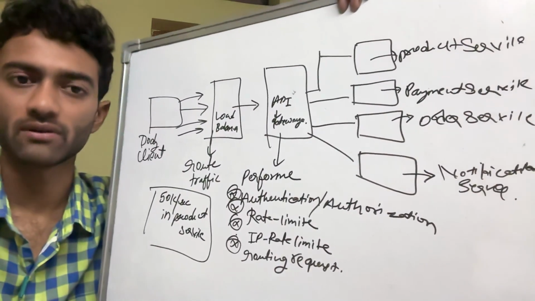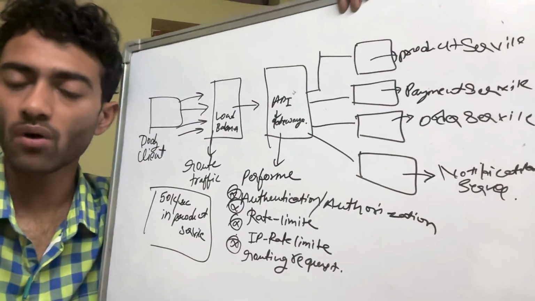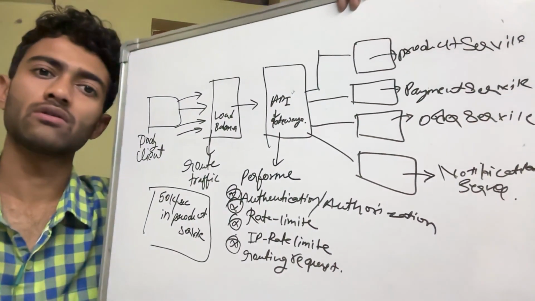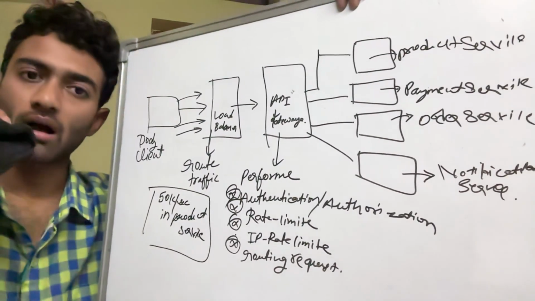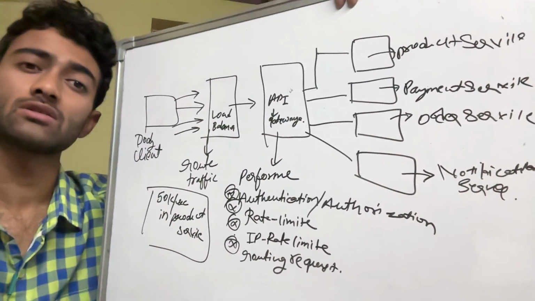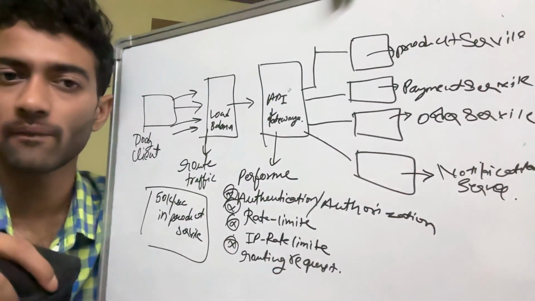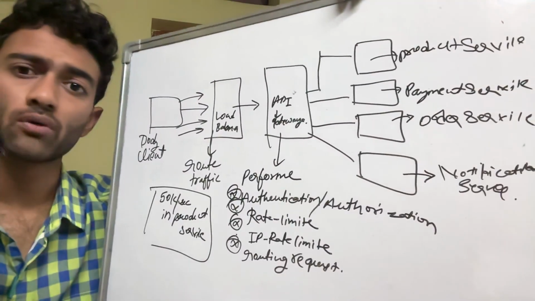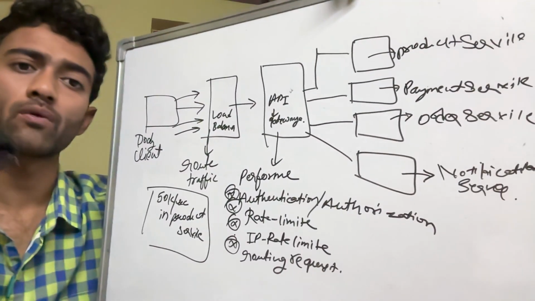So to manage the product services, we have to distribute the traffic coming from the API gateway to the product services.